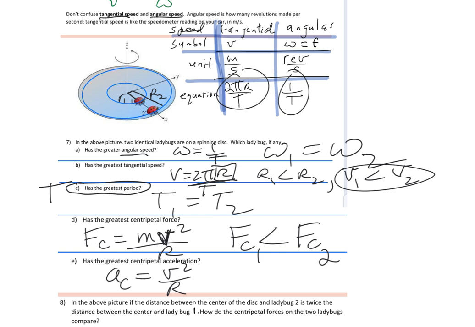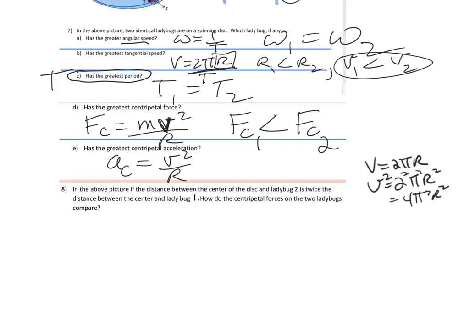So over here, I got V equals 2 pi R over T, which, if I squared V, would be over T squared.